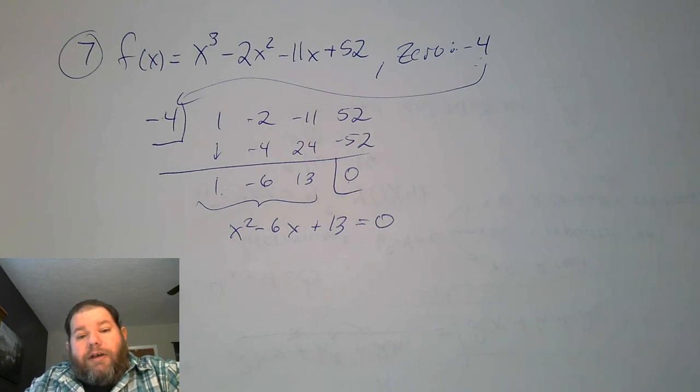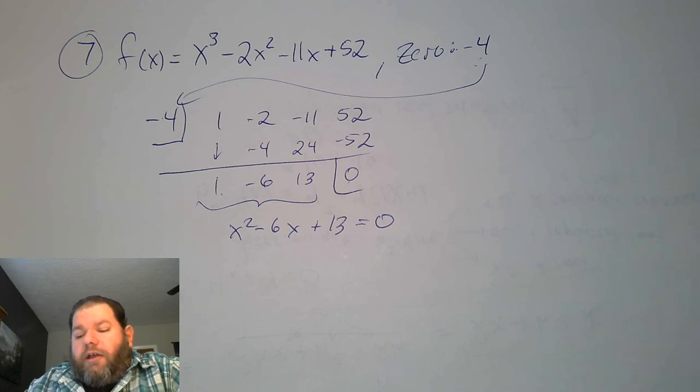Now, this is not factorable. We need to solve it with the quadratic formula. Or we could use completing the square if we prefer, which honestly takes a little more experience to get used to.